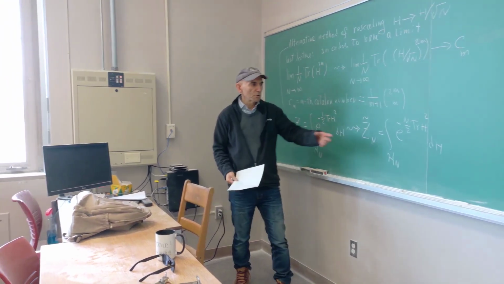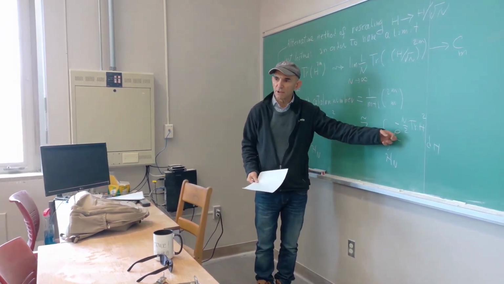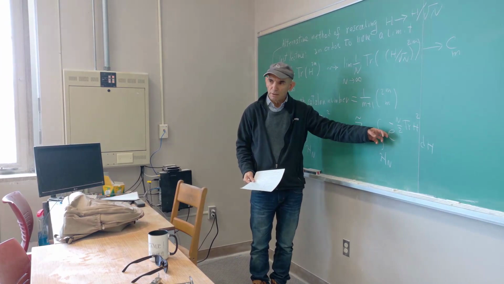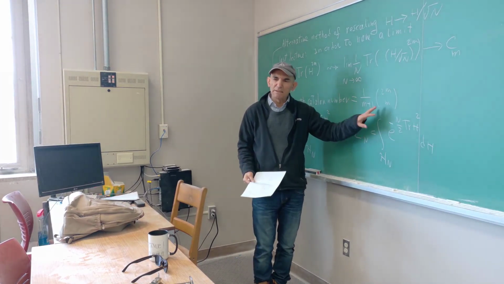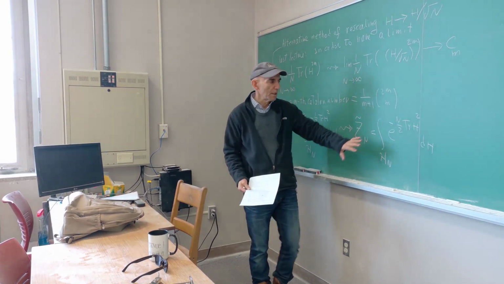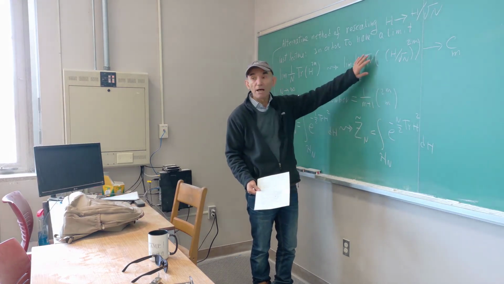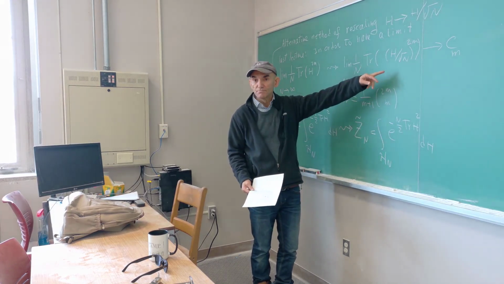So physicists, and also many mathematicians, prefer this scaling. And it's a simple lemma. You can show that if you use this, then you don't have to do this scaling here.